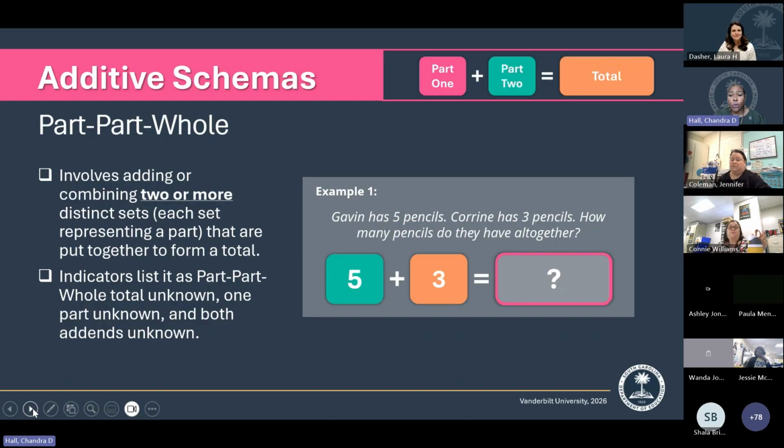Feel free to unmute, or you could type it in the chat. That looks like part whole to me. Is it the total unknown, one part unknown, or both add-ins unknown? Looks like total unknown. Total unknown. Perfect. Thank y'all.